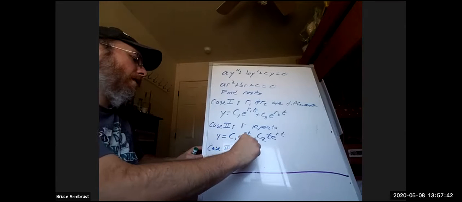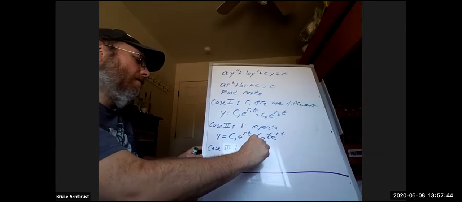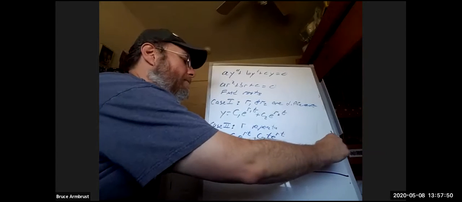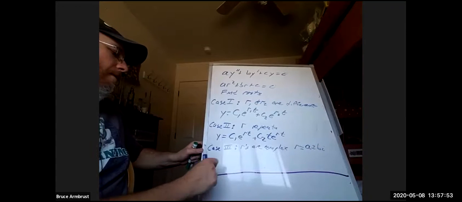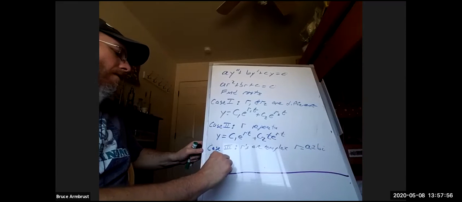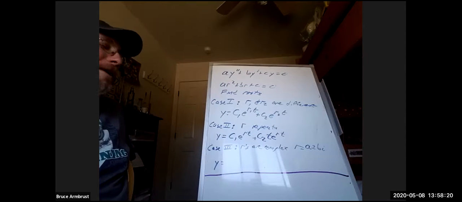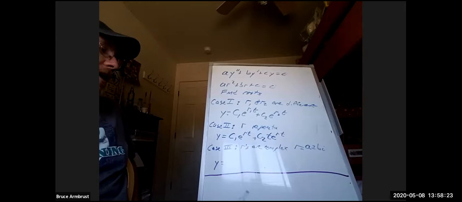And then the third case was where the r were complex. So we have r equals a plus or minus bi. And do you remember what the form looked like there? What shows up when you have complex roots? Euler's equation kind of stuff, the cosine of whatever plus or minus i sine of the function. Okay, you're definitely on the right track, JP. So we use Euler's formula, and it leads to cosine and sine.